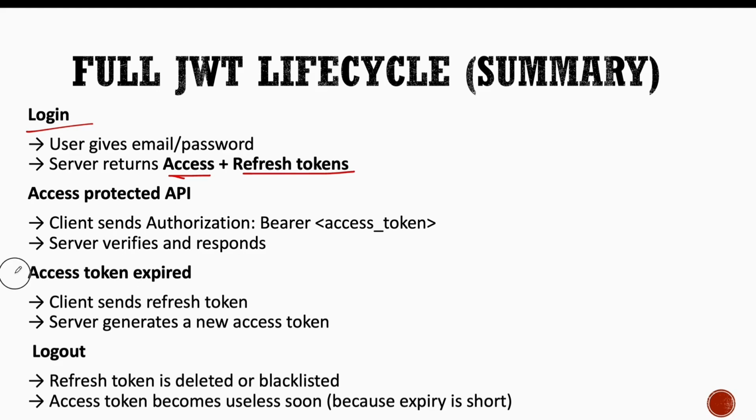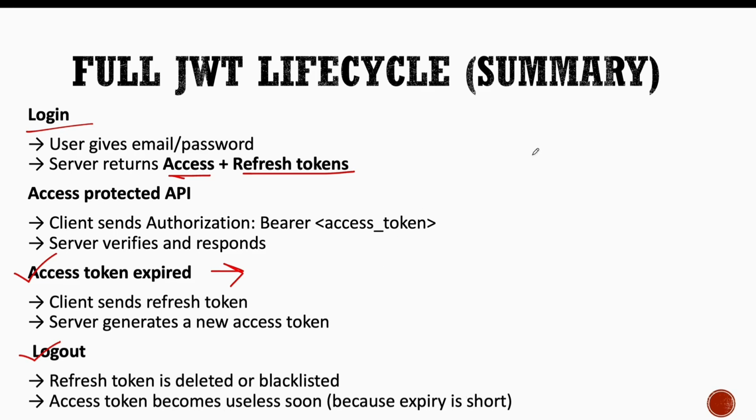After the access token has expired, let's say after an hour, the client sends the refresh token to the server, which generates a new access token, and the client can again access a protected API. Once he decides to log out, the refresh token is either deleted or blacklisted, and the access token becomes useless because its expiry is short-lived.